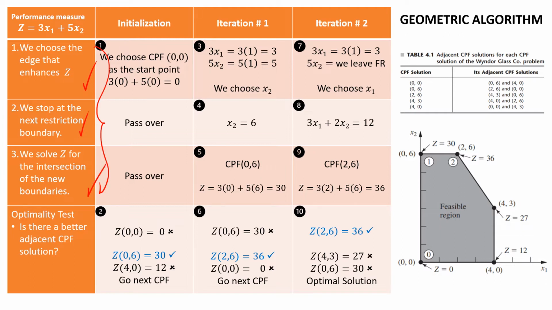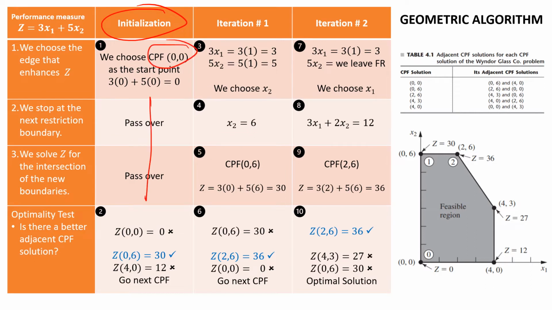And step number 3, we solve our performance measure for the intersection of the new boundaries. And then after these three steps, we do the optimality test, where we ask if there's a better adjacent solution. Now we start with our initialization, and for initialization purposes, we choose (0,0) as the CPF.